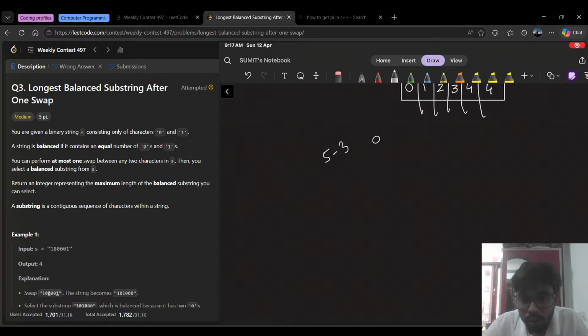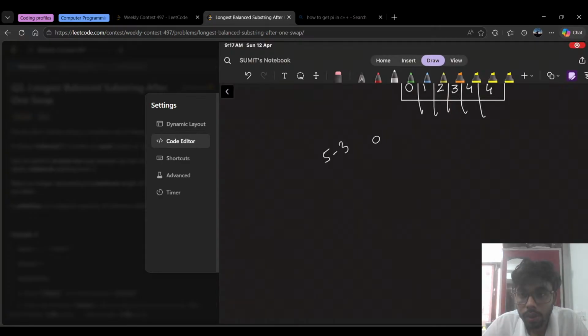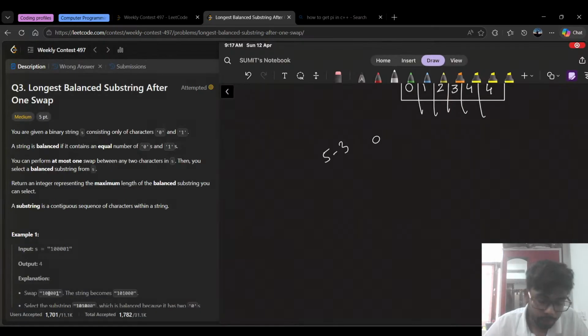Okay, I think here is the swapping logic. Let me just increase the font. Here, what I'm checking is, if one count equals to 0 count, I don't need to do anything, else.